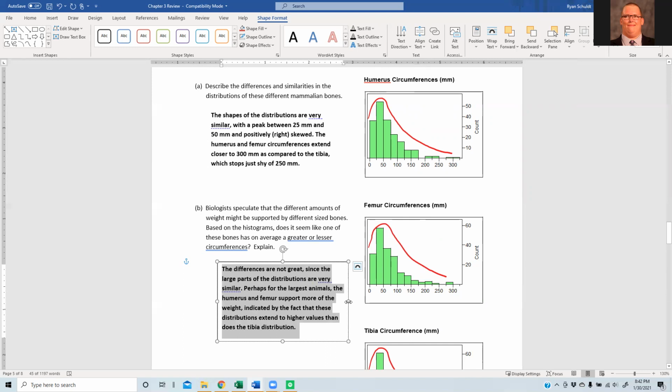I mean, we're kind of limited. Our hands, it's almost like our hands are tied here because they are so similar.